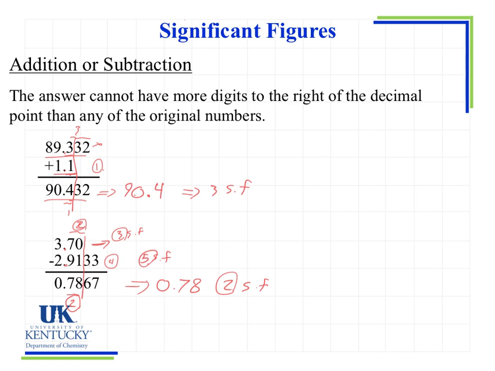So it might be less than the other two or more than the other two, and that's not what we are focusing on. The number of decimal places rules the final answer. For addition and subtraction, you look at the decimal places, and the answer should have the fewest number of decimal places.